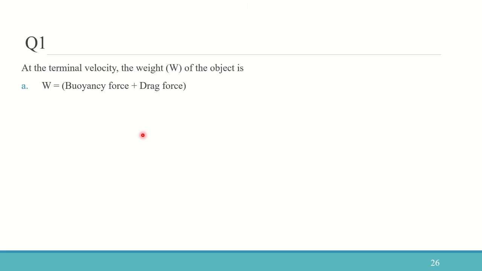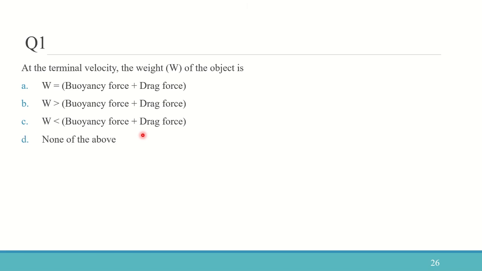So question 1. At terminal velocity, the weight of the object W is equal to buoyancy force plus drag force. Option B, W is greater than buoyancy force plus drag force. Option C, W is less than buoyancy force plus drag force. And option D, none of the above.